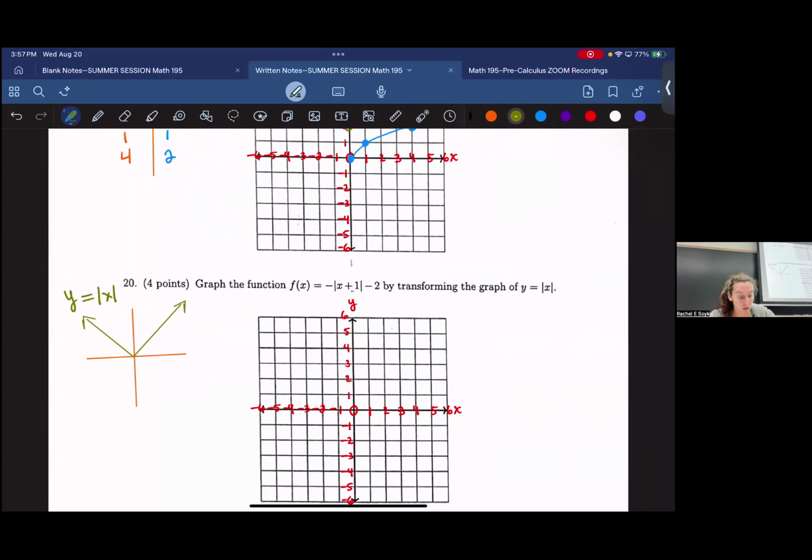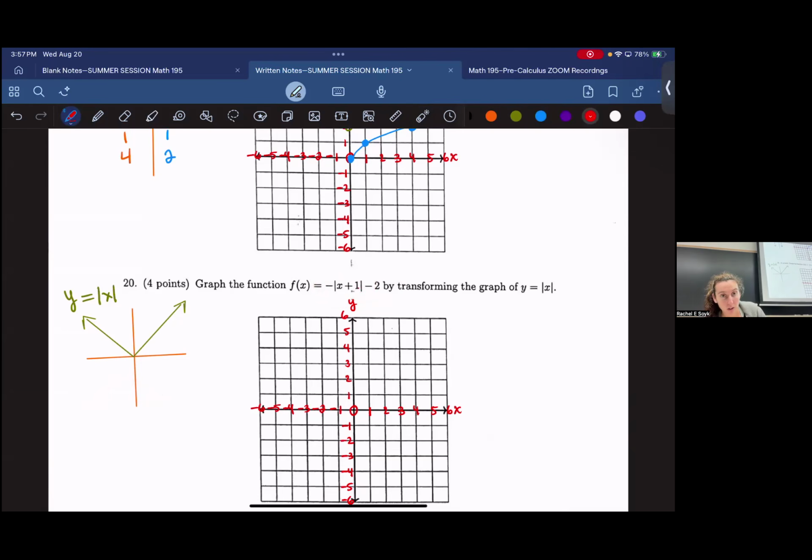Then we're looking at some transformations. We have a horizontal shift 1 unit to the left, a vertical shift 2 units down, and a reflection across our x-axis. So think about it: it's going to be going to the left, down, and flipped over. That's what it's going to look like when we plot it.